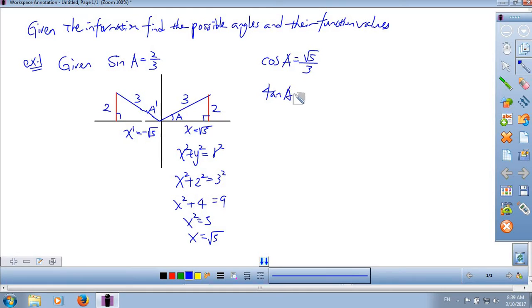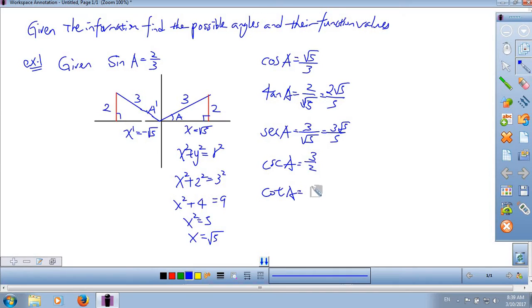Tangent of A will be 2 over square root of 5, or rationalized, 2 square root 5 over 5. Secant of A is 3 over square root of 5, or 3 square root 5 over 5. Cosecant of A will be 3 over 2, and cotangent of A will be square root of 5 divided by 2.